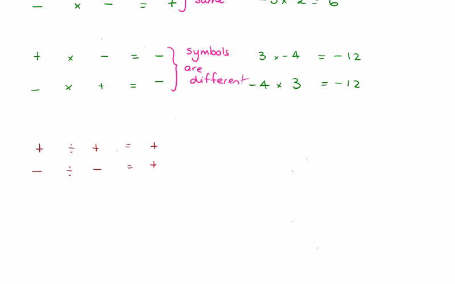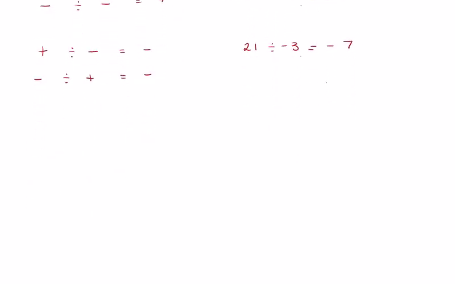So an example would be, let's go negative 15 divided by negative 3, my answer is going to be positive. And if I had one positive and one negative, again, it doesn't matter which way you put them, my answer is going to be negative. So if I had 21 divided by negative 3, positive divided by negative is negative, 21 divided by 3 is 7.